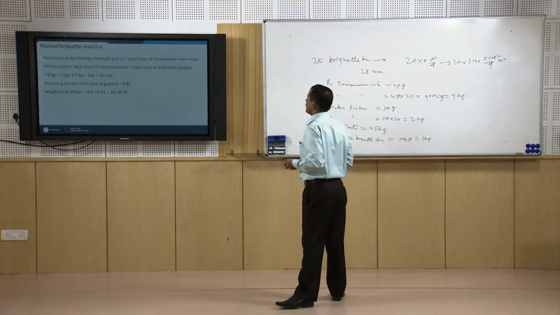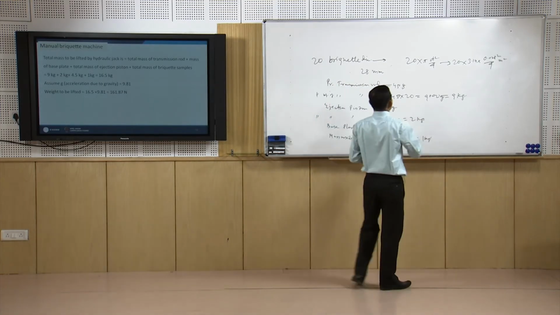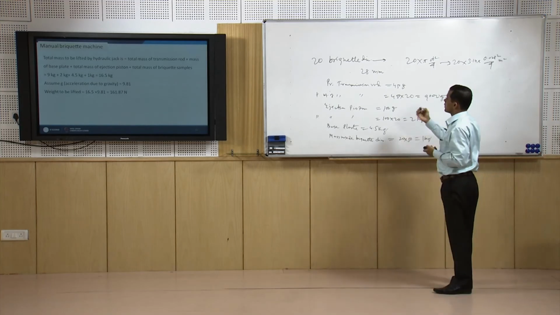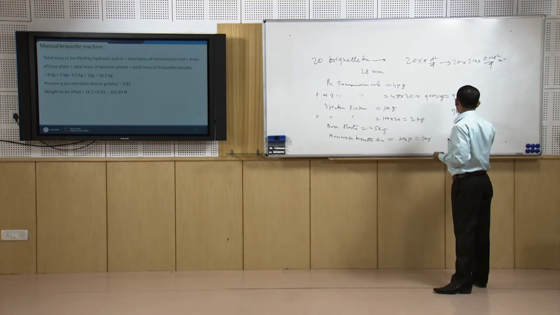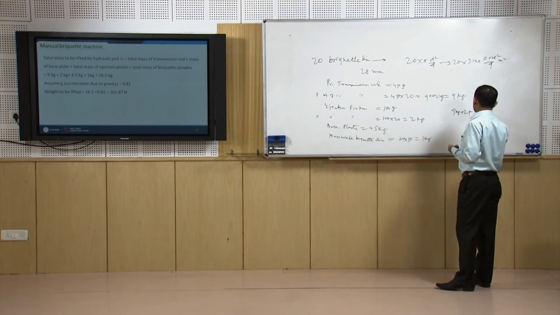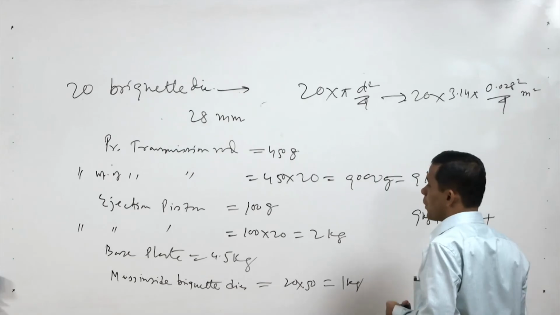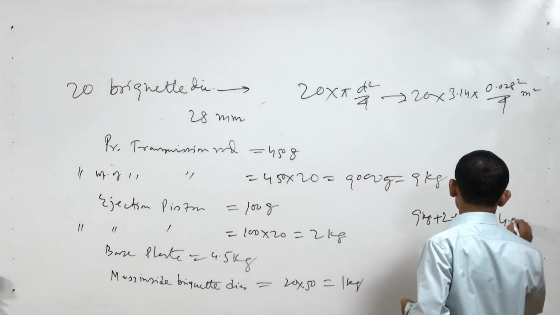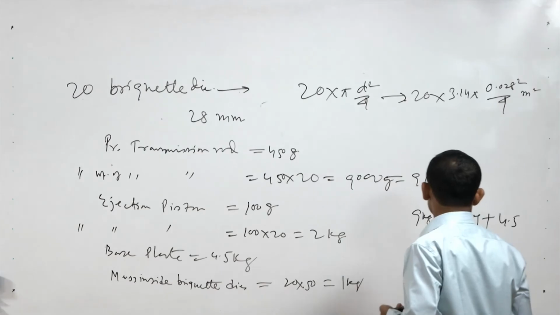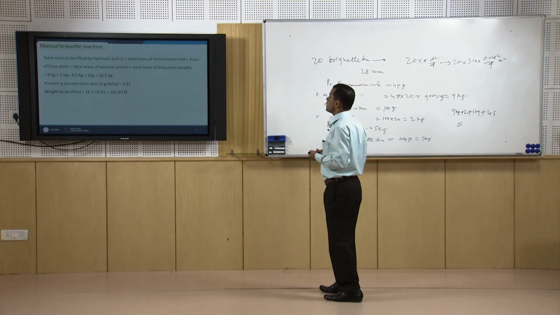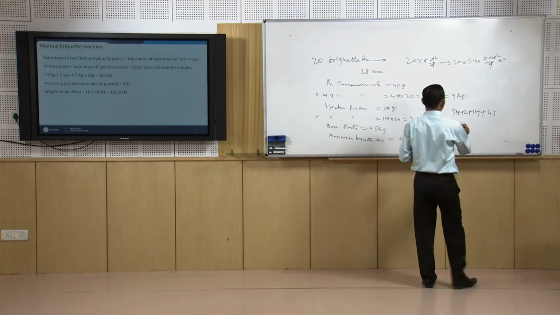We can calculate: the transmission rods, that is 9 kg, plus the ejection pistons 2 kg, plus briquettes 1 kg, plus the base plate 4.5 kg. So the total is equal to 16.5 kg.